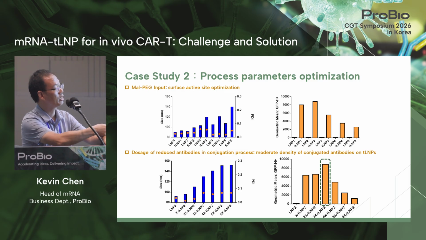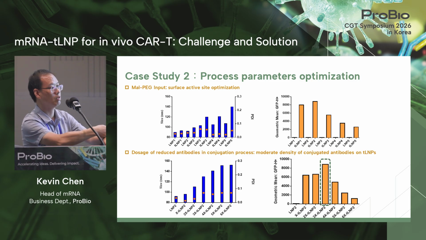After we finalized the maleimide-PEG ratio in the formulation, we then characterized how much antibody is needed for this formulation. We fixed the maleimide-PEG in the LNP2 formulation and added different amounts of antibody, then did the experiment again. Here is one fold of antibody, and 2-fold, 3-fold, 4-fold, and 5 and 6.